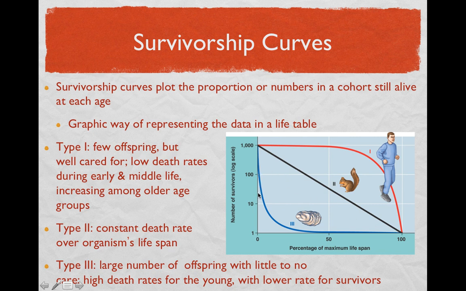Type 3 is this. So these are organisms that kind of just spread their seed, have tons of offspring, in hopes that at least some of them will survive to a reproductive age to replenish the population.